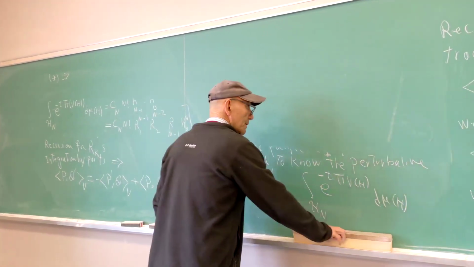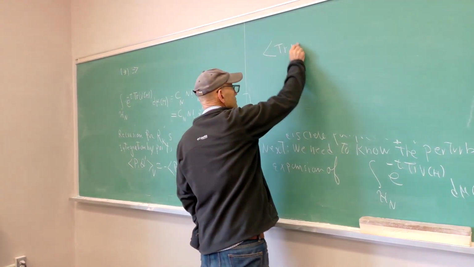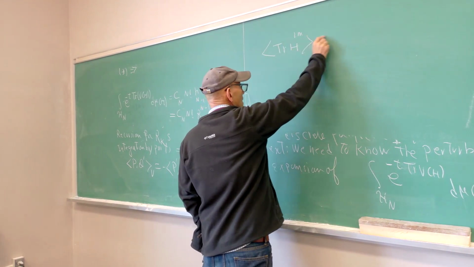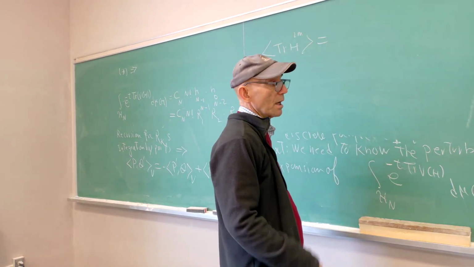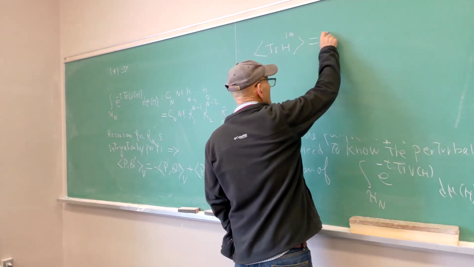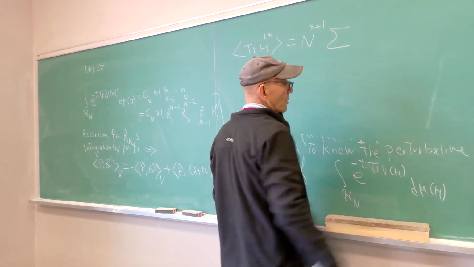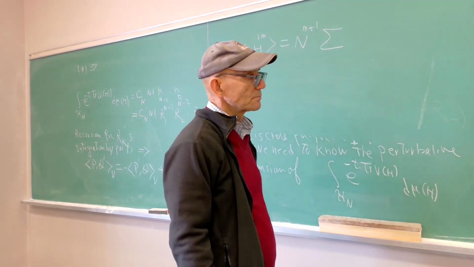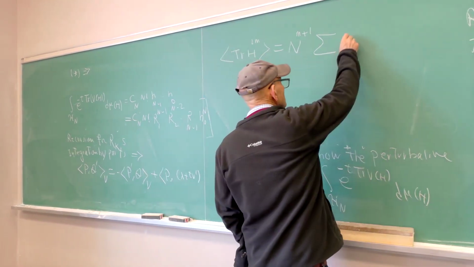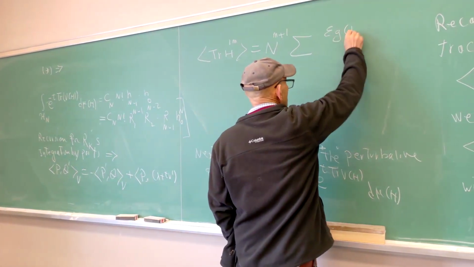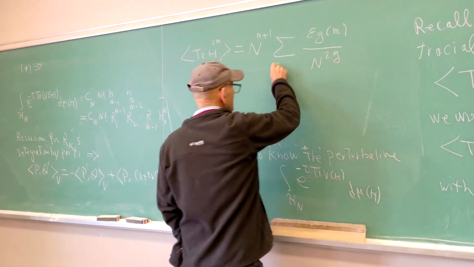The trace of H to the m is equal to n to the power m plus 1, sum of epsilon g m over n to the power 2g.